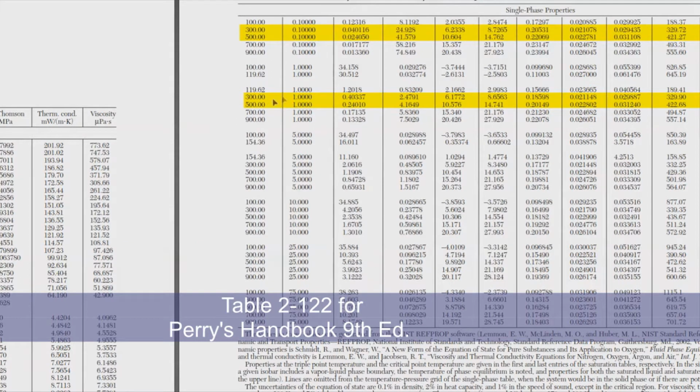That is, we'll be interpolating at 1 megapascal where the temperature is the film temperature, which is 350.15. In that case, you'll be getting a set of values at 1 megapascal for the density and the viscosity.